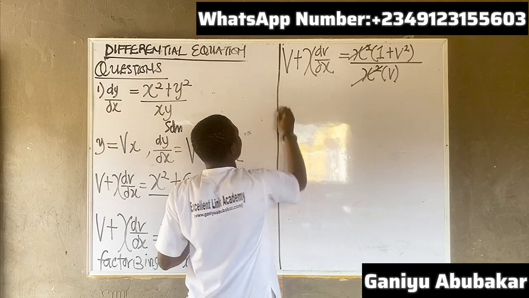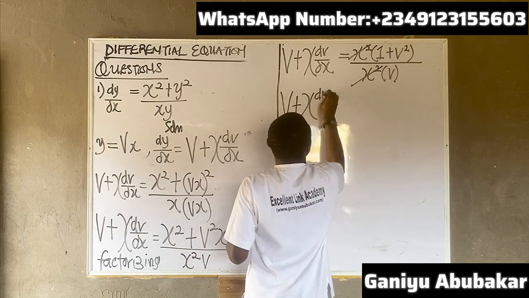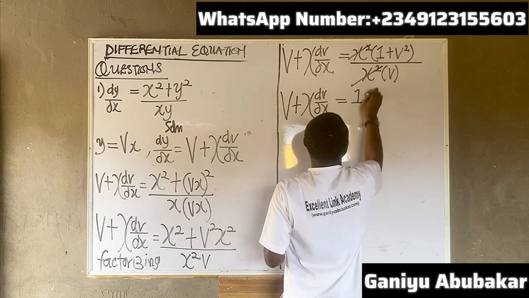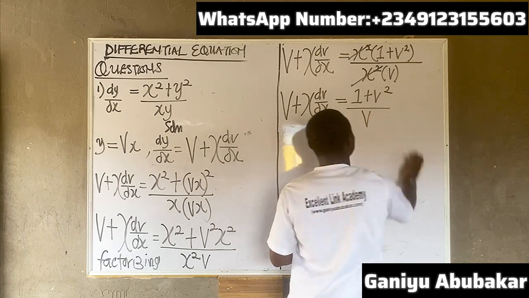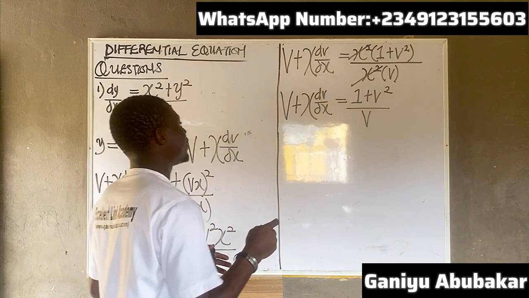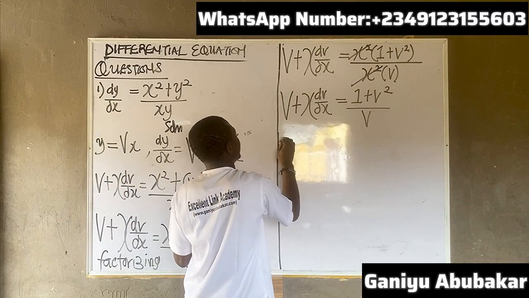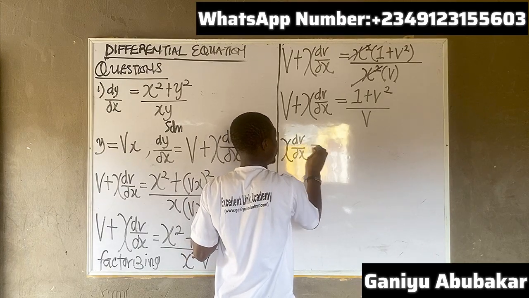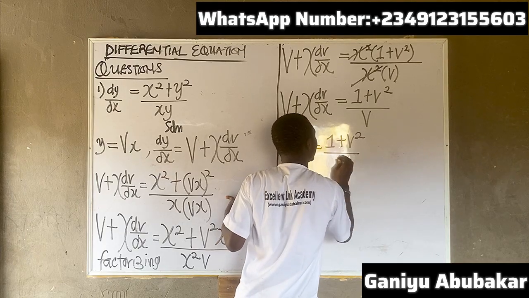Next task here, this gives you v plus x dv/dx is equal to 1 plus v squared all over v. All right, we are here. Your next task is to move this v here. I'm left with x dv/dx is equal to 1 plus v squared all over v.